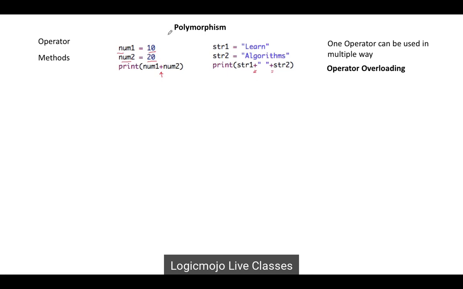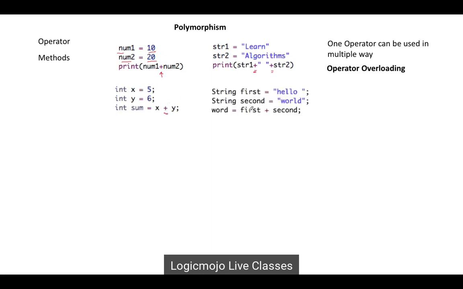Similarly, this polymorphism concept also applies to methods. If you want to consider the Java example, in Java also we use plus for adding two numbers. Similarly, we use the plus operator to concatenate two strings in Java. So there also we use the same concept of operator overloading. Now there are a few more terms, like user defined operator overloading.